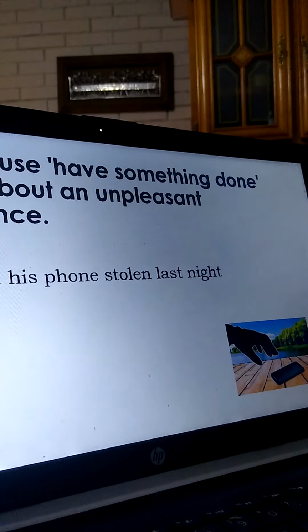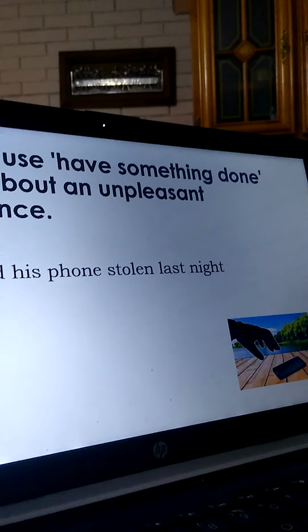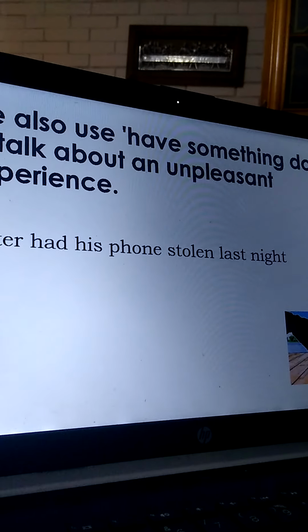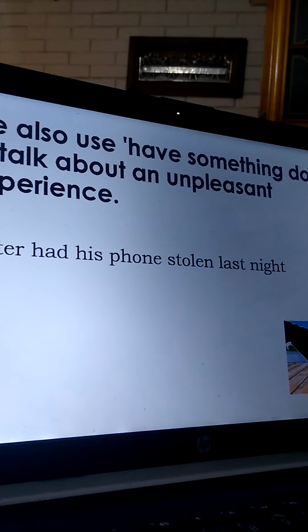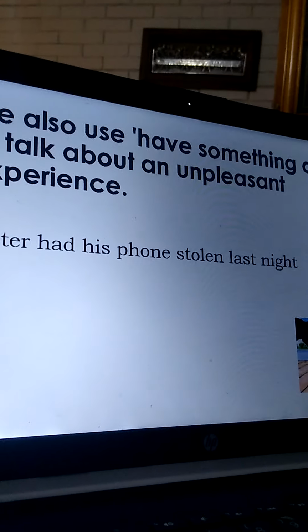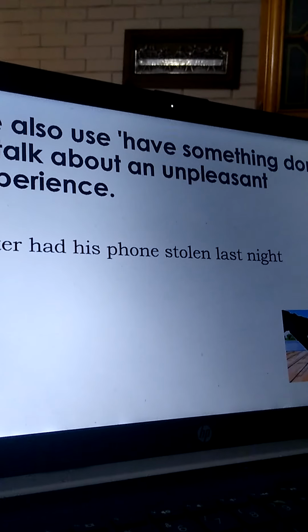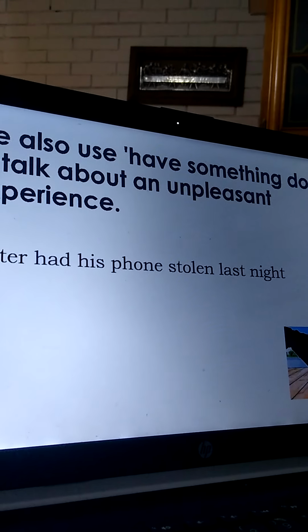Then, we also use had something done to talk about an unpleasant experience. For example, Peter had his phone stolen last night. Now that we're covering crime and robbery, we have a pretty good example here. That's an unpleasant situation. Had and stolen.